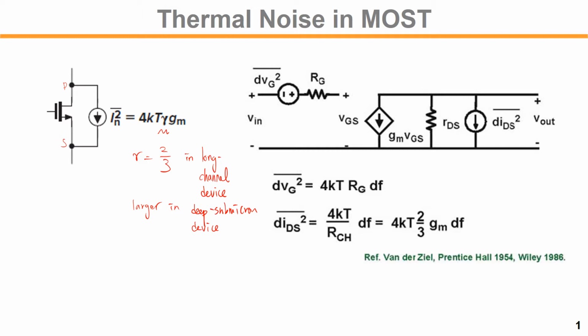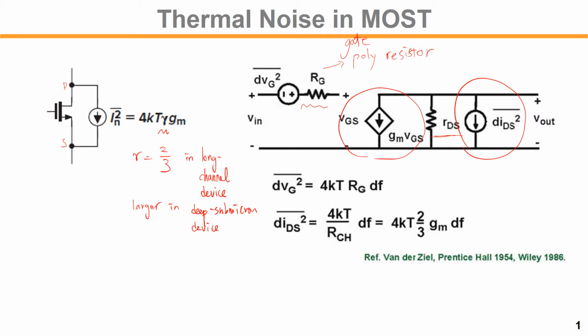The small signal model can be shown on the right, in more detail. Here we have the typical transconductance gm times Vgs and output resistance, and we add the thermal noise current. On top of that, we have a gate resistor. This comes from the gate poly resistor, which is also a noise contributor.